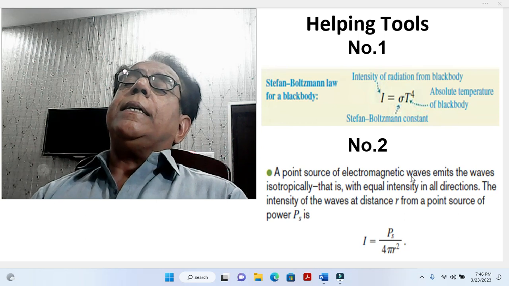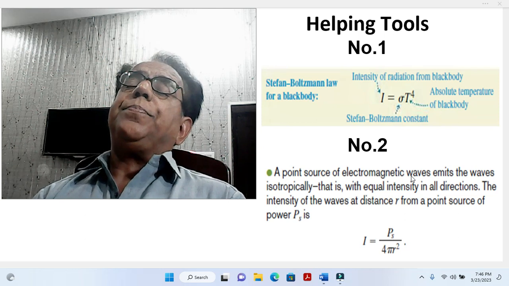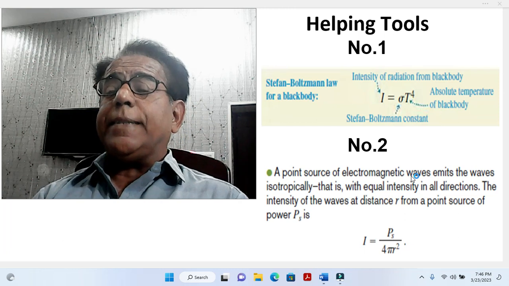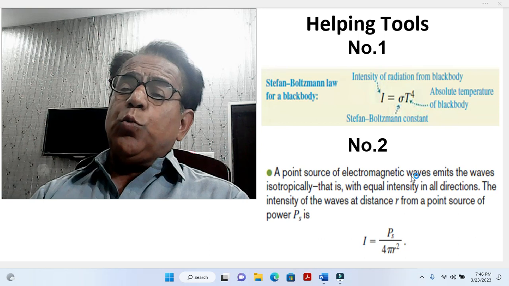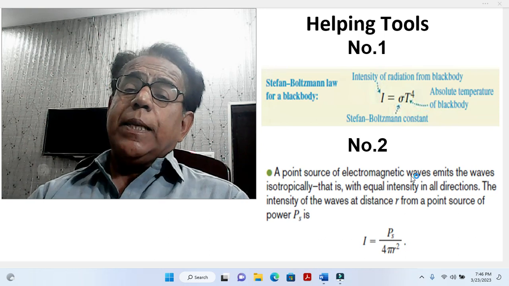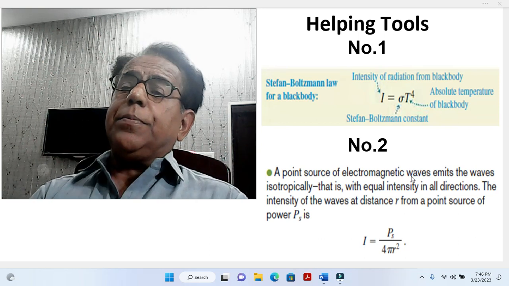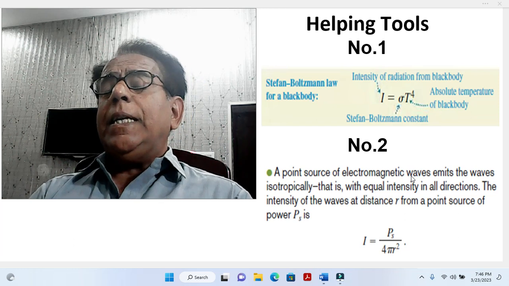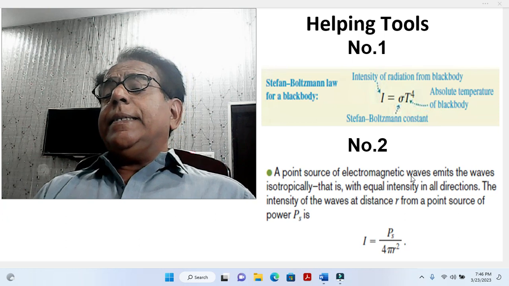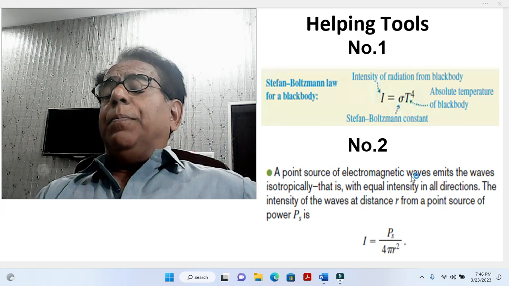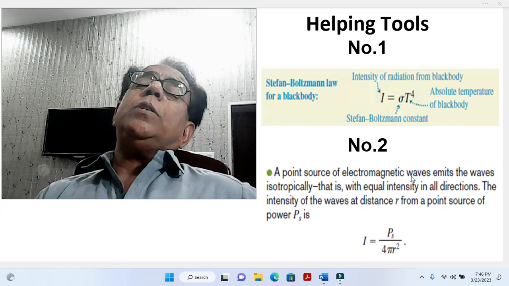In Greek alphabets, this symbol is called sigma. We will also introduce a tool in which this is clearly mentioned, that this symbol is pronounced as sigma.